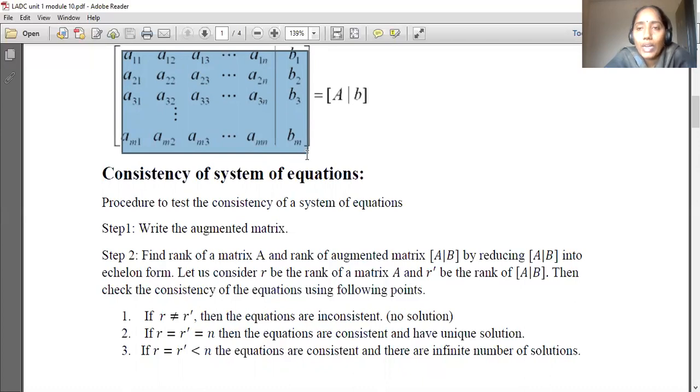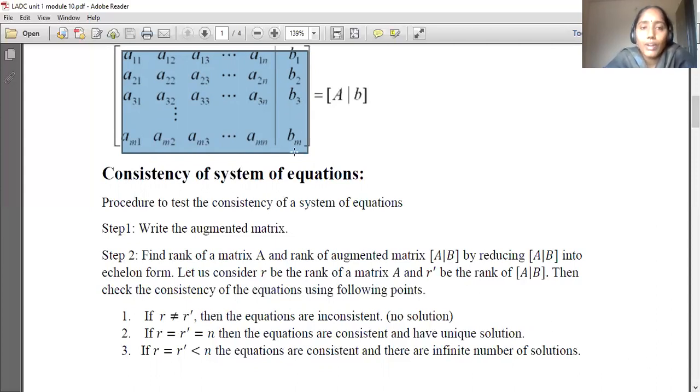There is no need to find the rank of A and the rank of AB separately, and that is why we use the augmented matrix. If we convert the augmented matrix into echelon form, you can directly write the rank of A and also the rank of AB. We will explain that again in the example.